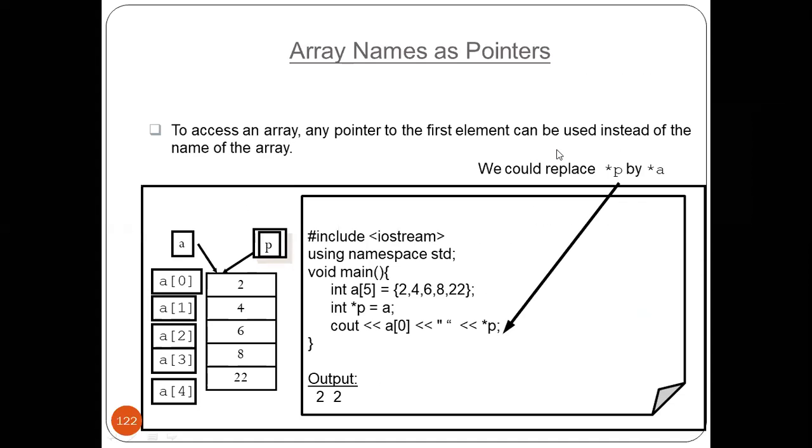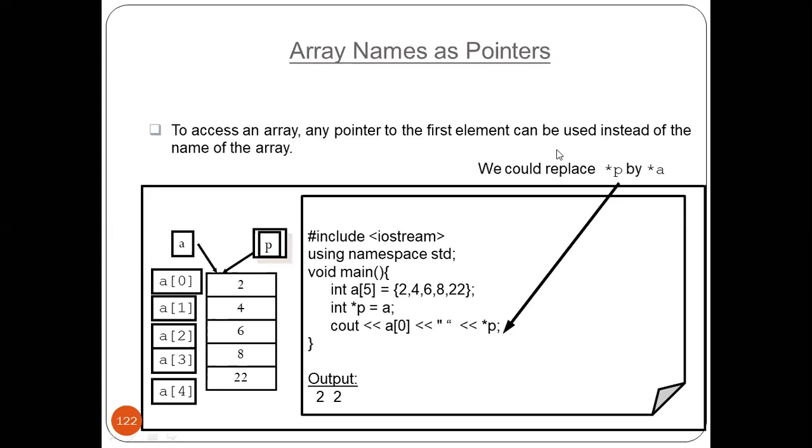Now, if we use the array name as a pointer, it's an example we have seen previously, with these values. Accessing the first element can be done like this, where a of 0 holds the value, and star p.